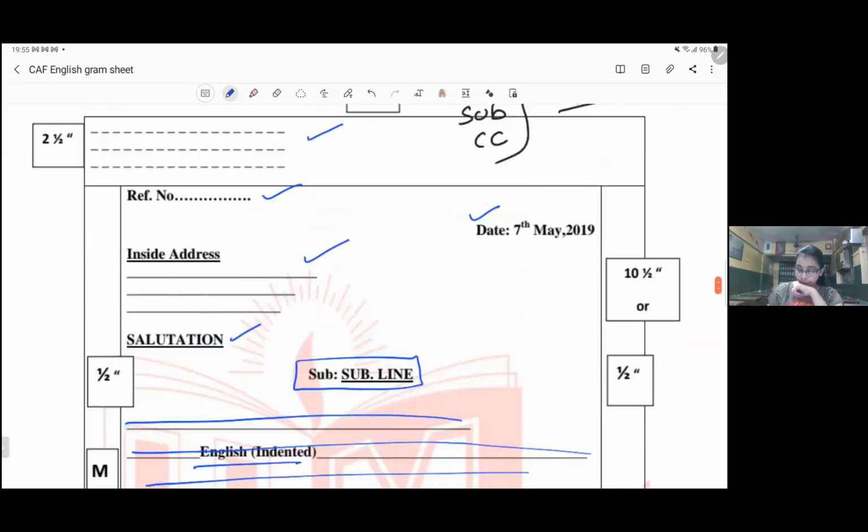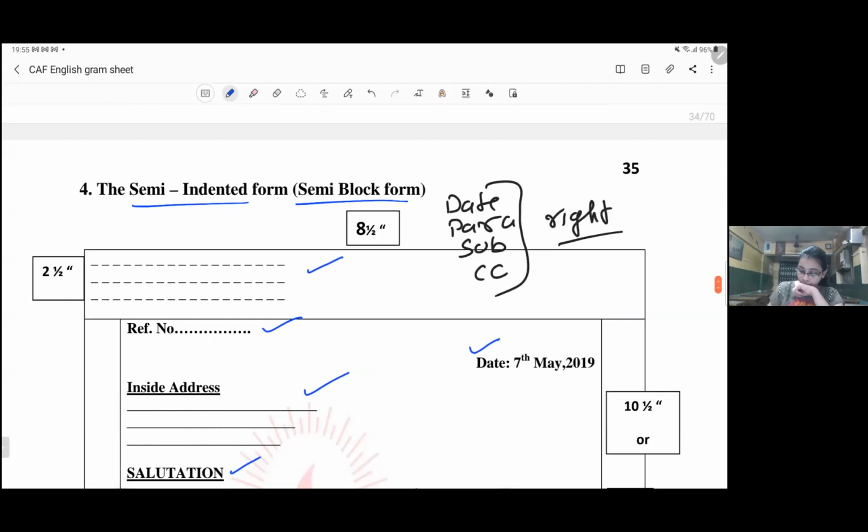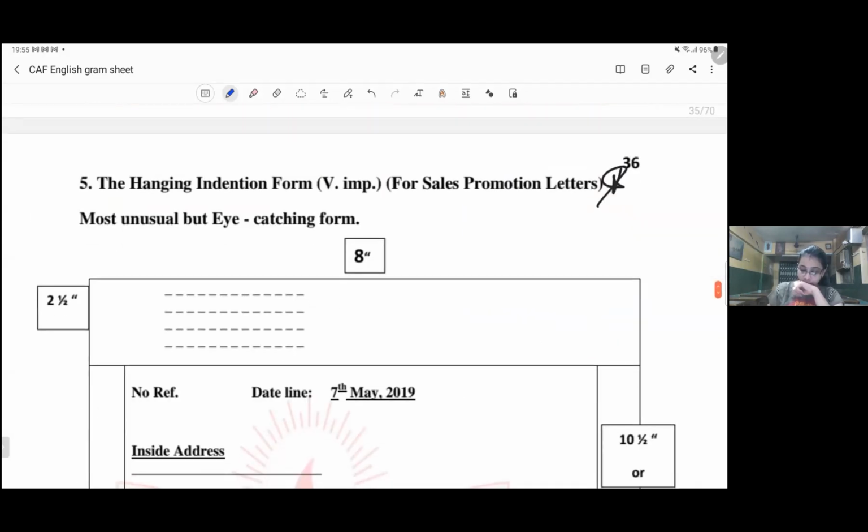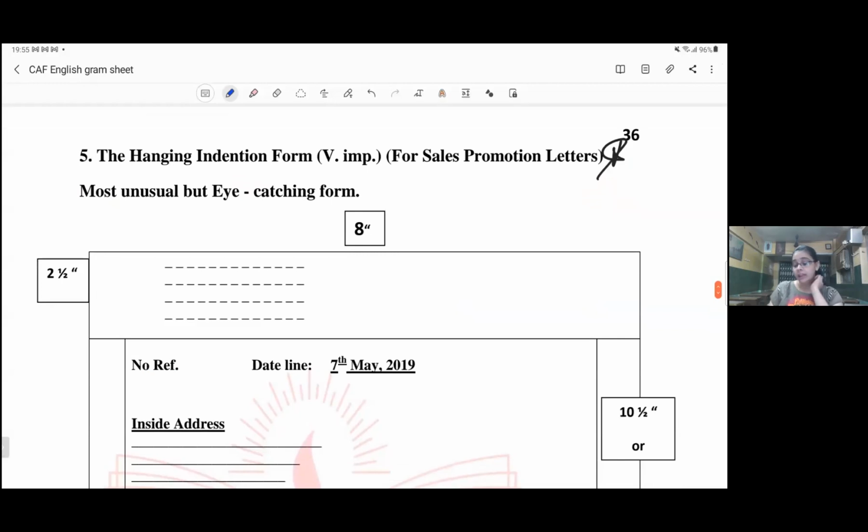Now, this letter is, guys, very important for you, because this letter is for a sales promotion letter, most unusual, but it is an eye-catching form.